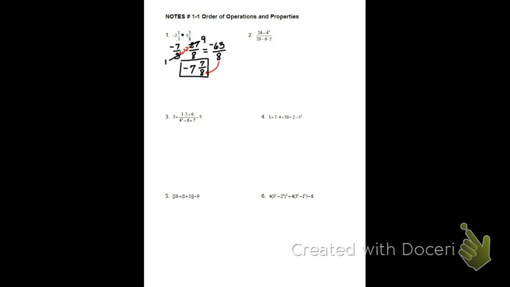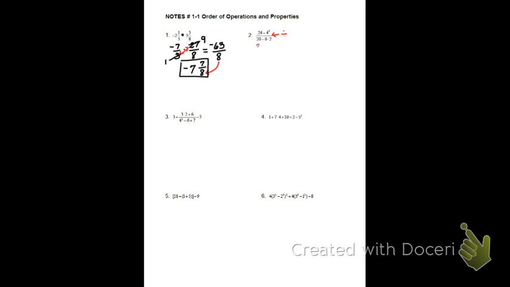Change my color. The writing is awfully big. Okay, number 2. 24 minus 4 to the second power, all divided by, again remember that the division bar means to divide. I'm going to change these colors and make this work a little bit smaller.